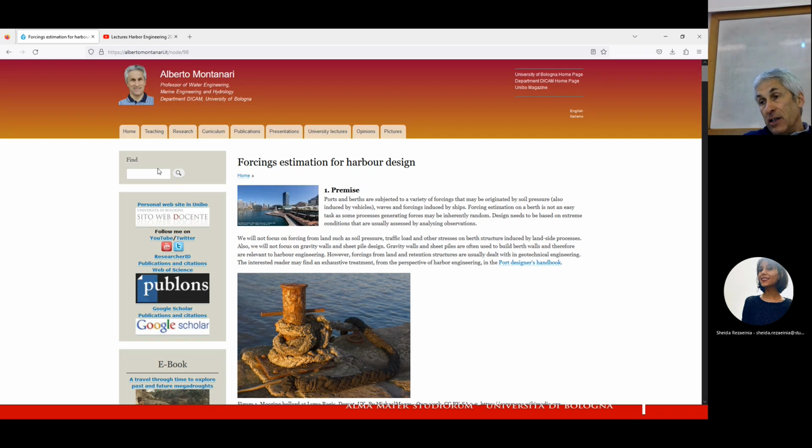We will look in particular at the forcing from the sea, because in my lecture last Wednesday, I clarified that when we have to design, in particular, berth structures, we may have loads from the sea, loads from the berth, and loads from the land. And think of, for instance, the actions that are delivered by waves or by currents or by ice jams.